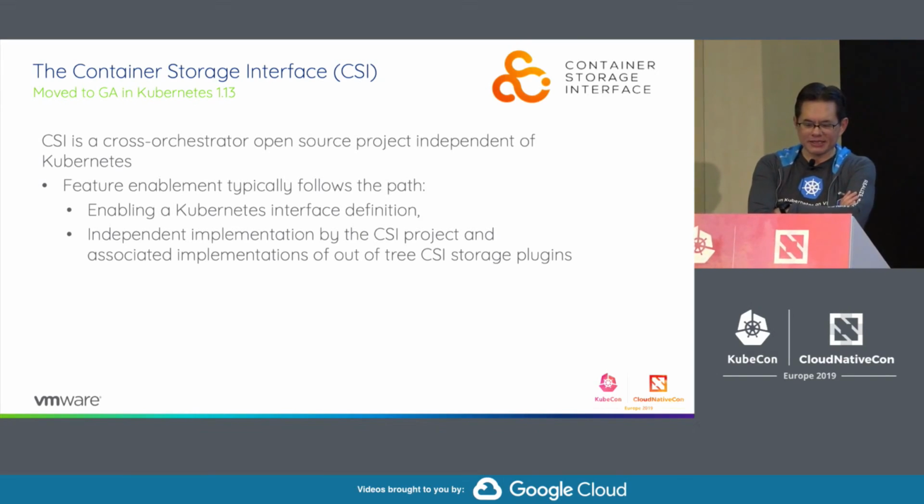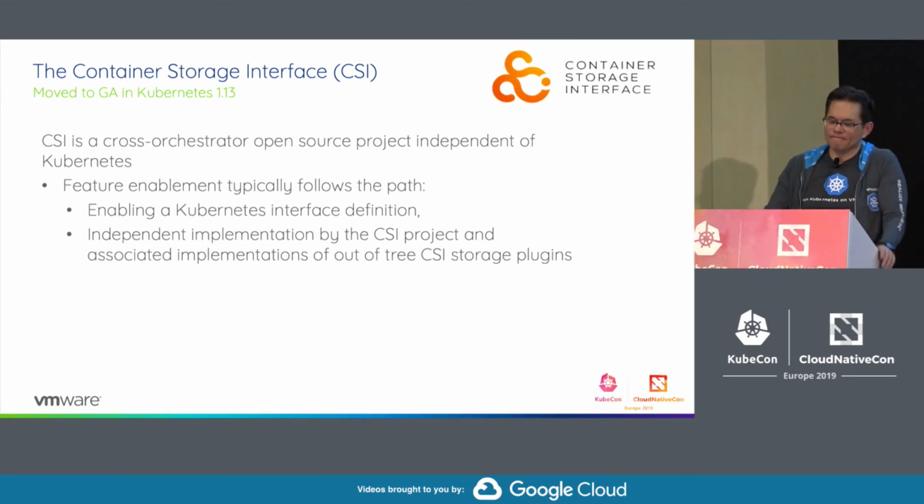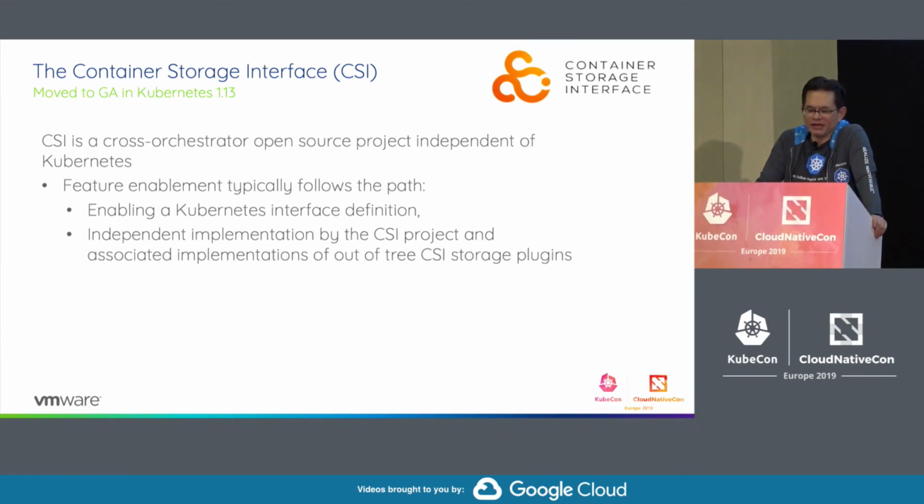Then Kubernetes itself works on code that first there's groups of people who negotiate the CSI interface and feature set. Then people within the Kubernetes project will work on enablement, with some of that code being in tree, but the particular storage provider parts of this being out of tree.